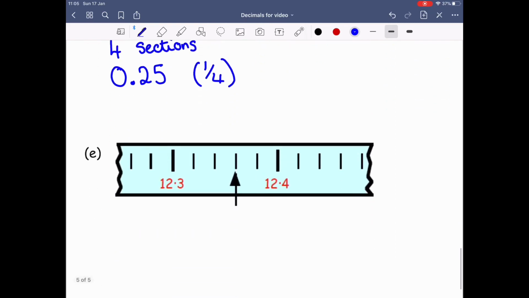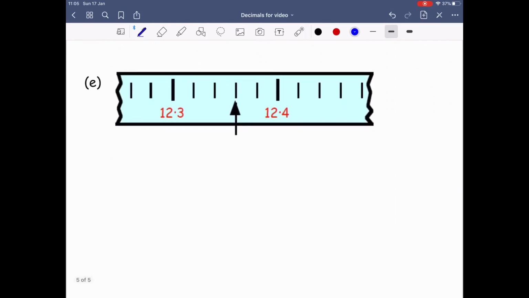And then the very last question we'll address is this question here. This one is between 12.3 and 12.4. So our number is going to be 12.3 something. Once again, we're looking at something in the hundredths, which means it's going to be the second number after the point.